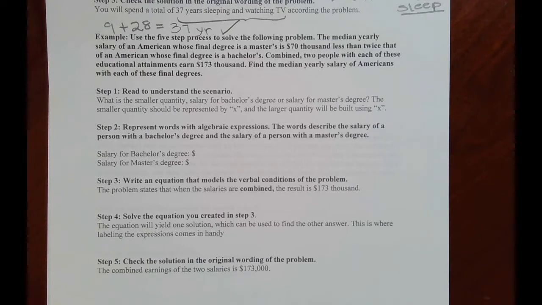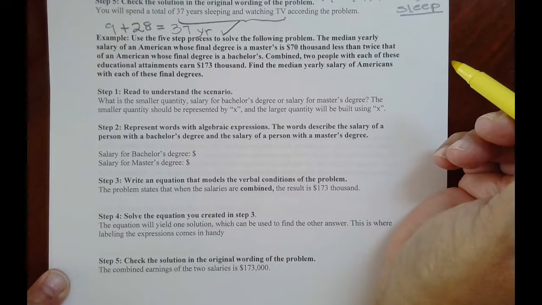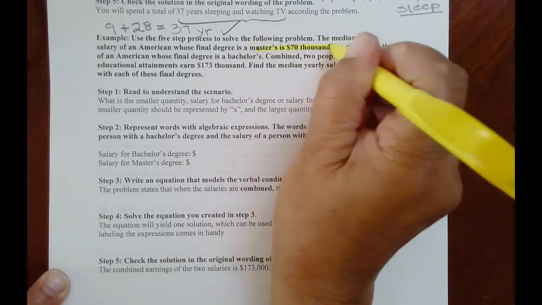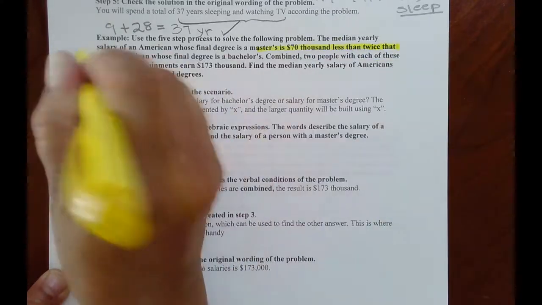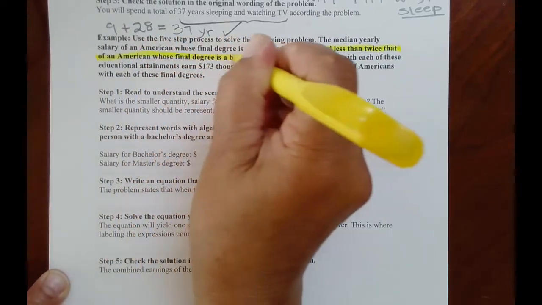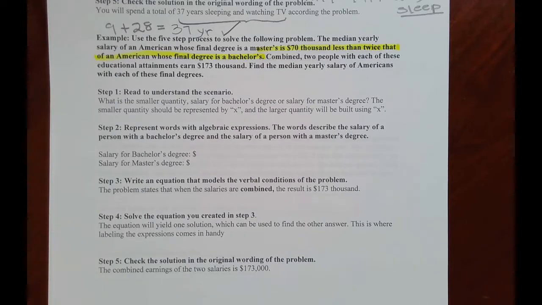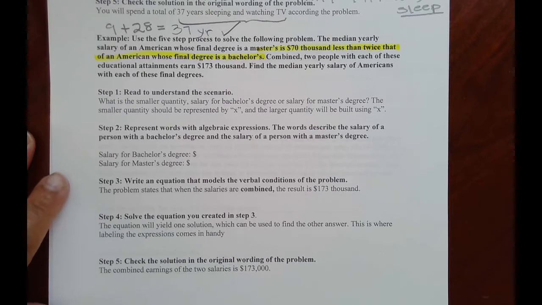So we have bachelor's degree and we have a master's degree, and they've given us a way to actually represent each one algebraically. So for the master's degree, it's 70,000 less than twice that of a bachelor's degree. So we're going to be using that key sentence as we go to create our algebraic expressions that we're going to eventually use in our equation.